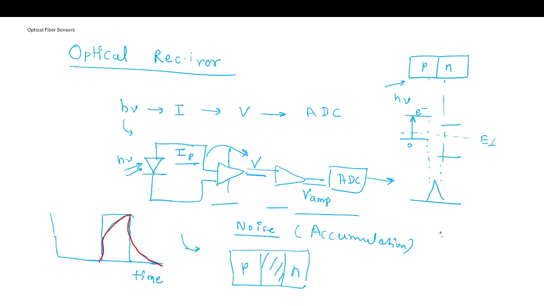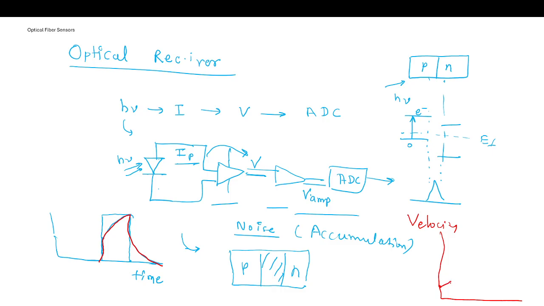So if you consider the plot of velocity versus electric field, we can see that at zero electric field also there will be some velocity of both electrons and hole pairs.